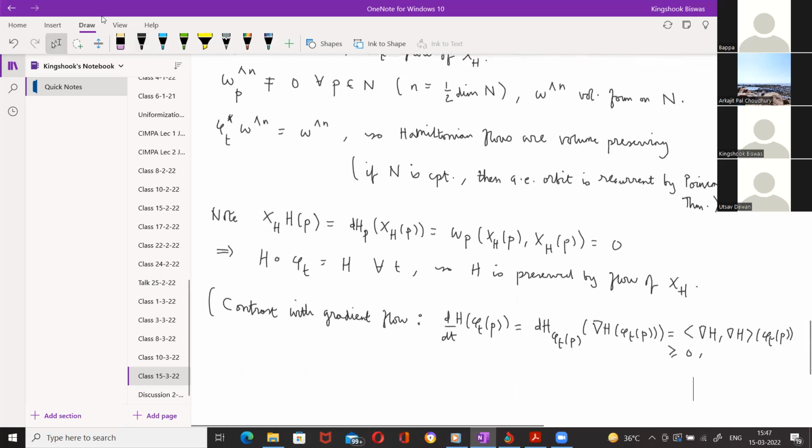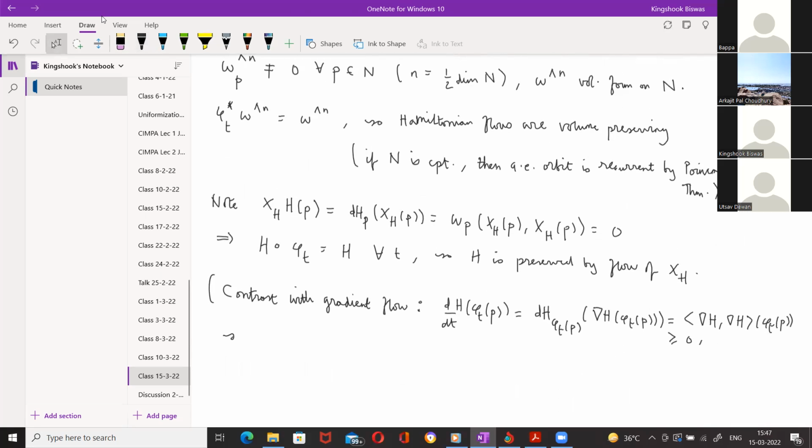So in this case, H is monotone increasing along orbits of the gradient flow of grad H. Is this clear?